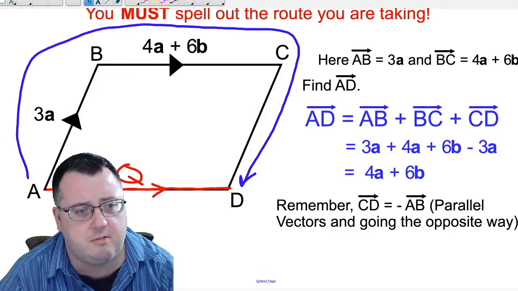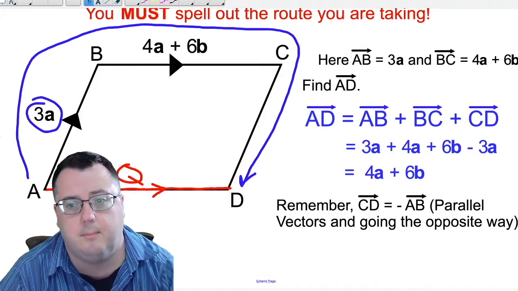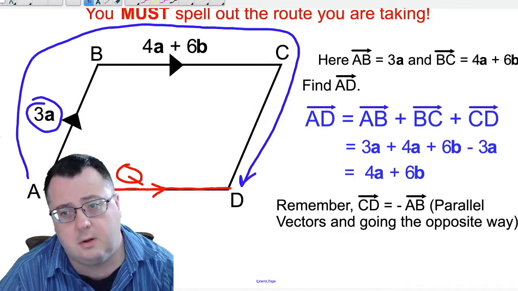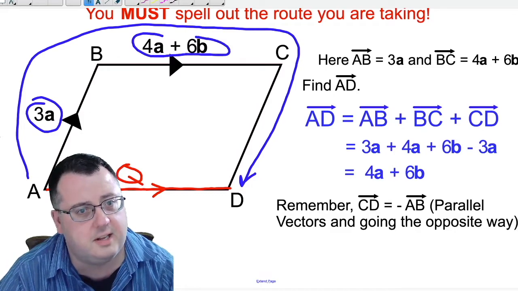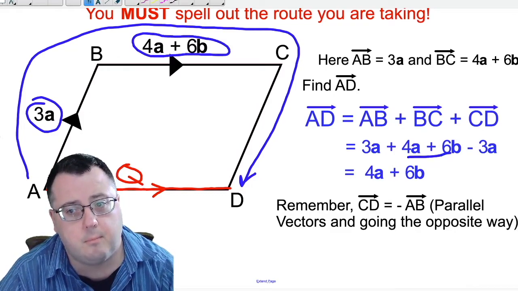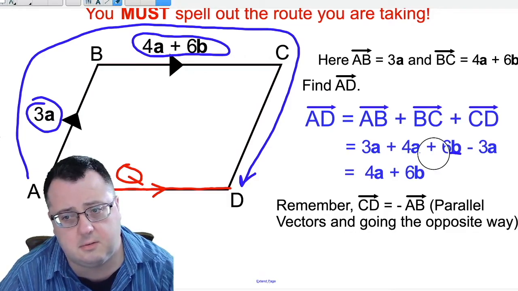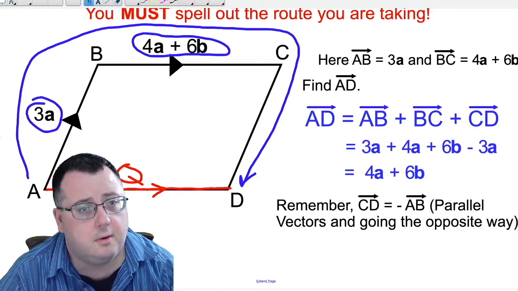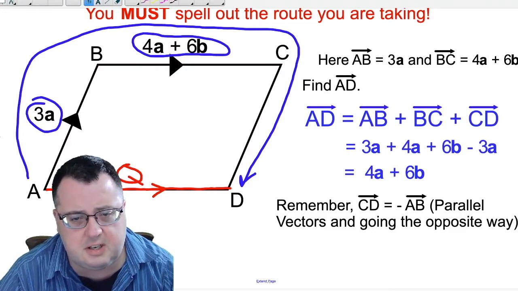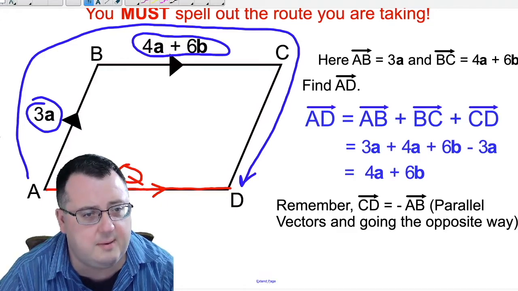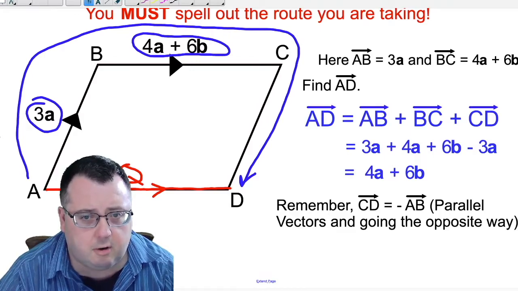A to B is just going to be 3a, this 3a here. B to C is 4a plus 6b. That's that there. And lastly, C to D. Well, C to D is going to be parallel to AB, but we're going the opposite way along it. We're looking for this vector here.